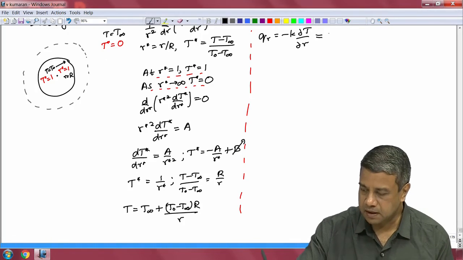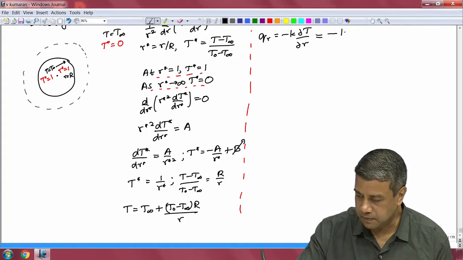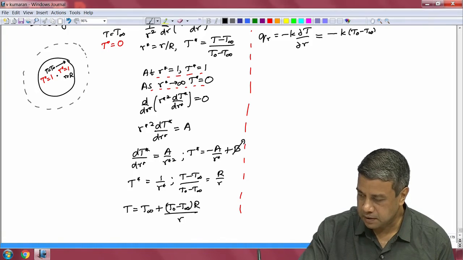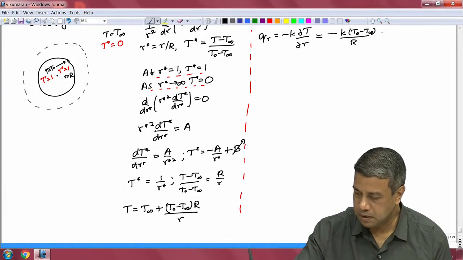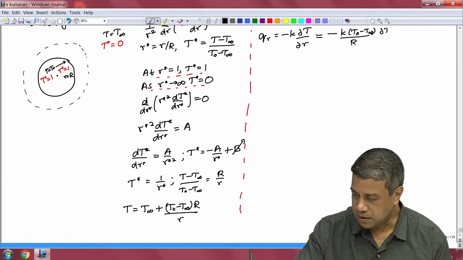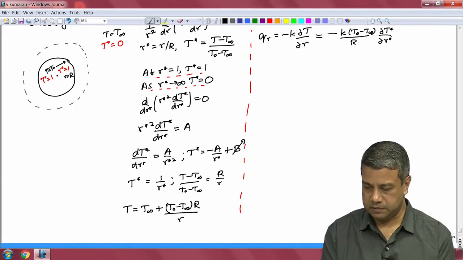Expressing it back in dimensional form, minus k into (T naught minus T infinity) by R into partial T by partial r star.